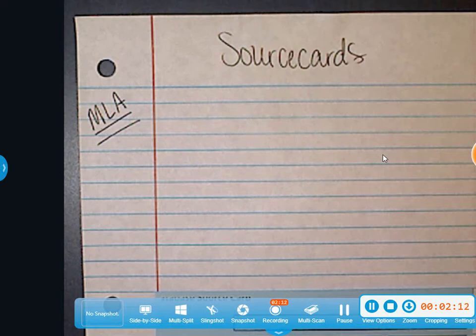When you get into post-graduation, if you're going to attend a four-year university or a two-year university, you may be exposed to APA, which is the American Psychological Association, in contrast to the Modern Language Association. They are very similar. They're just different enough to be confusing.